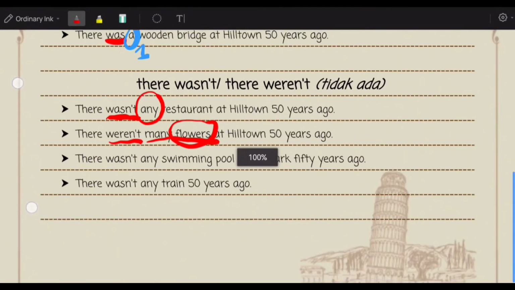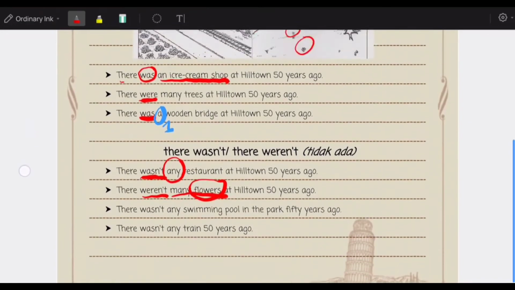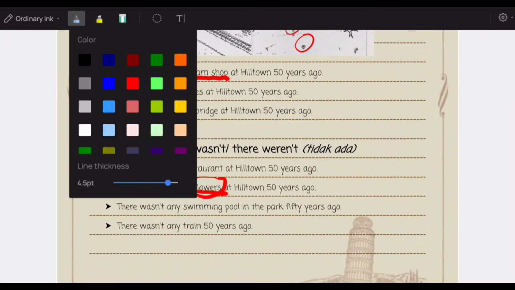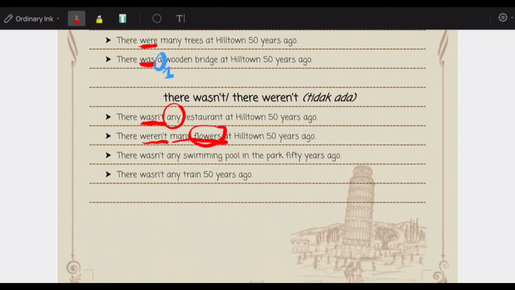Next. There wasn't any swimming pool in the park 50 years ago. Can you spot the swimming pool? Here's the swimming pool. But here, do we have any swimming pool? No, right? Tiada. So we use there wasn't any swimming pool in the park 50 years ago. Wasn't any, langsung tiada. Sebuah swimming pool pun tiada. So we use wasn't.